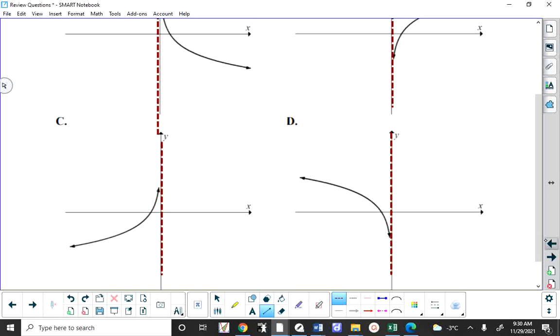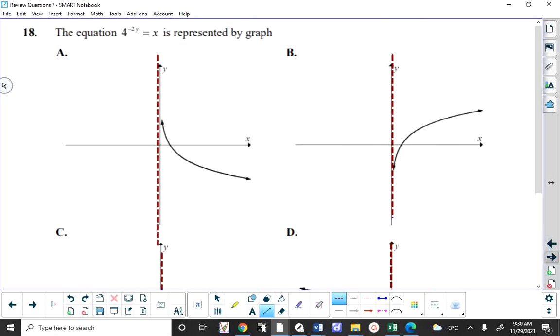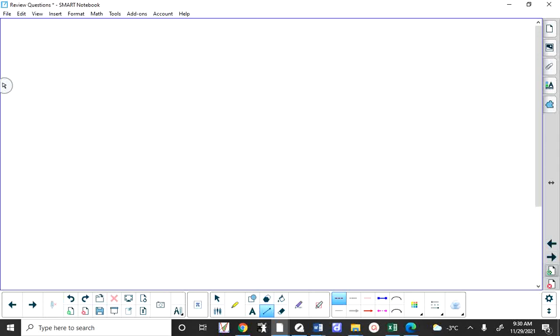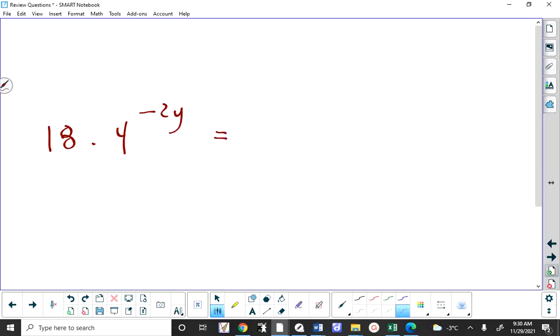Well, let's take that original function, which is 4 to the negative 2y equals x, and translate it into a language that's going to be helpful for us. If we want to rearrange this for y, then we should rewrite this in logarithmic form, because it's in exponential form.